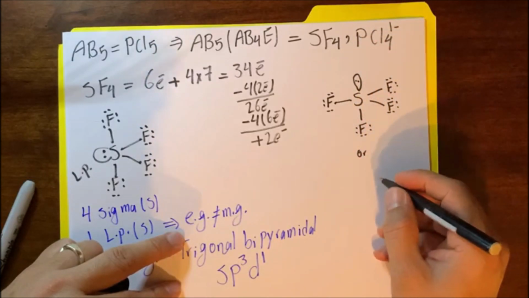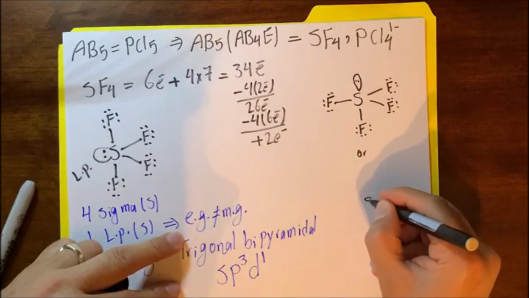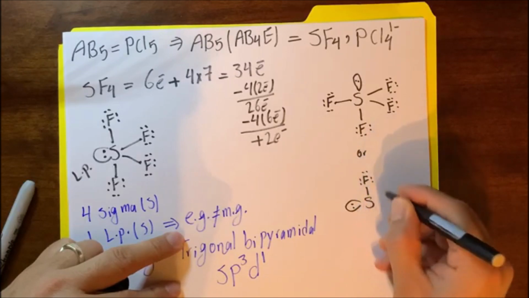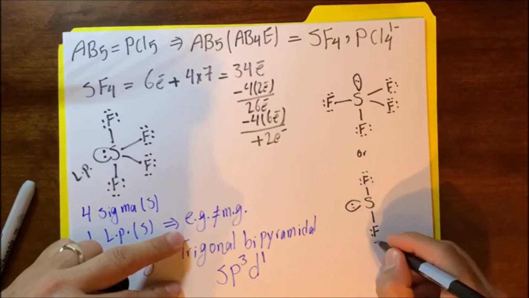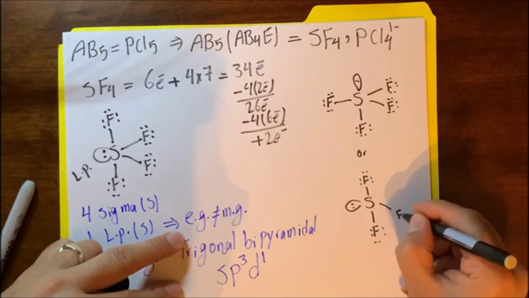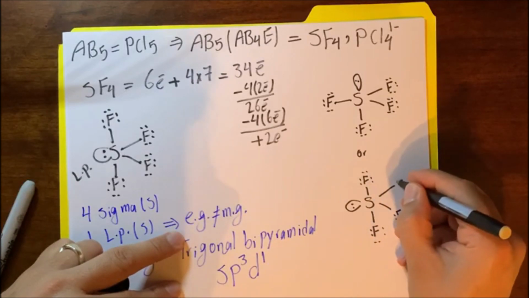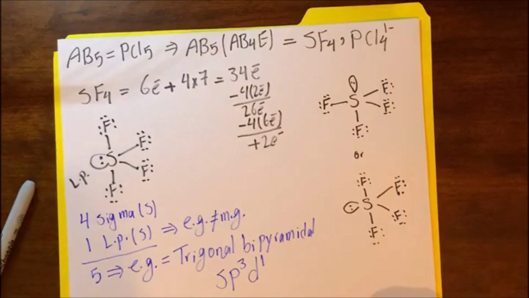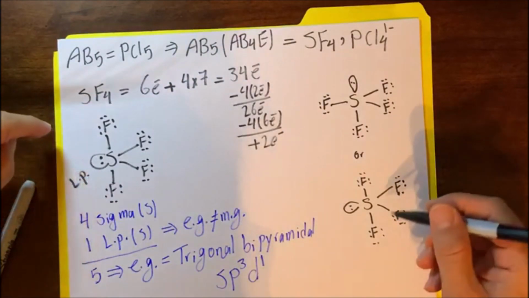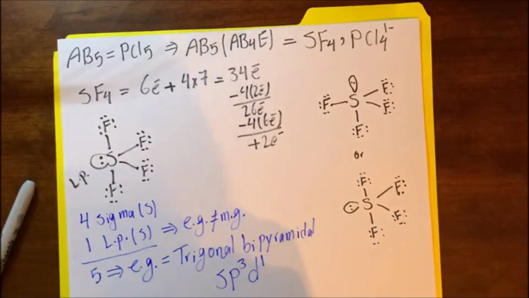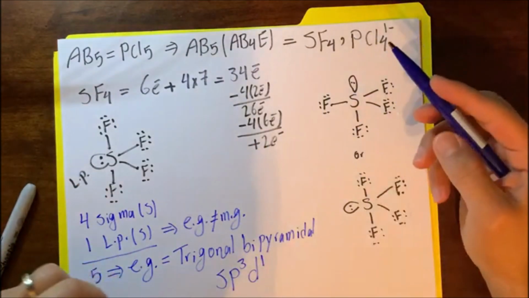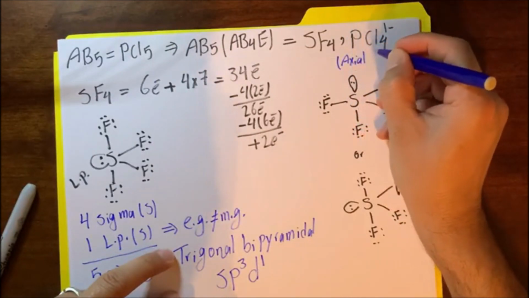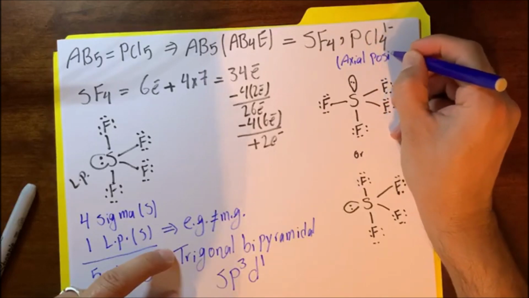Or I go with this. Now we need to talk about why we decided to go with the second instead of the first one. In the first one, we put the lone pair in the axial position.